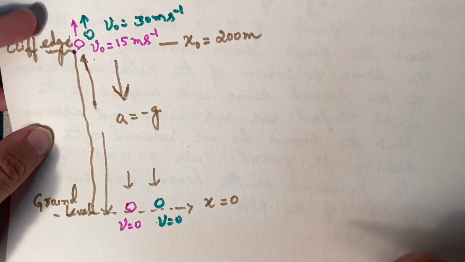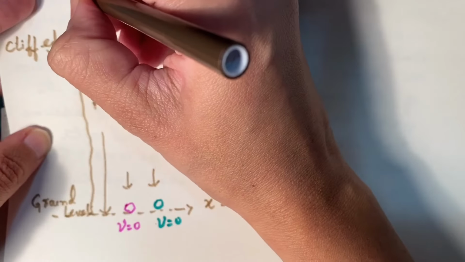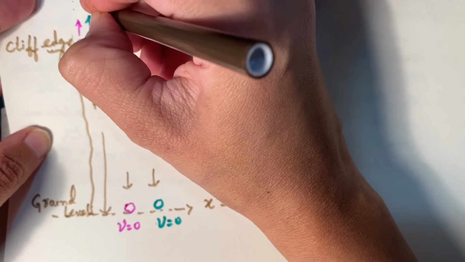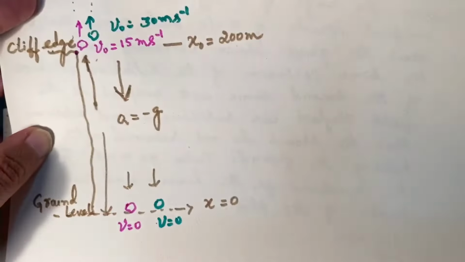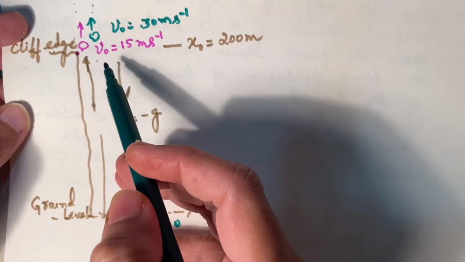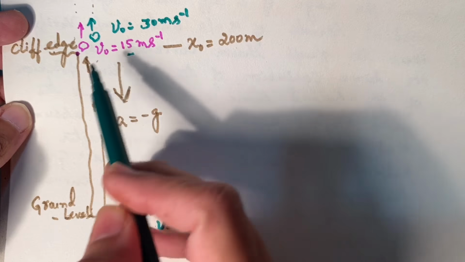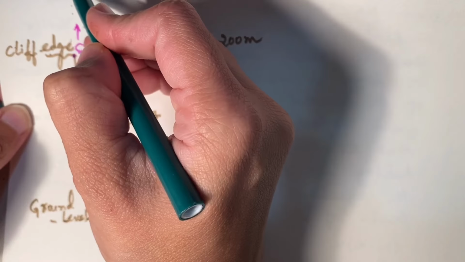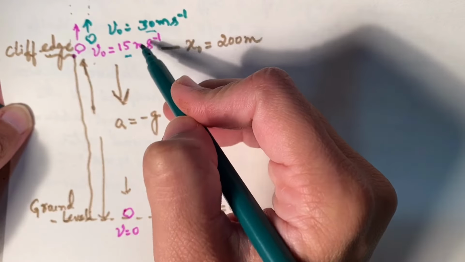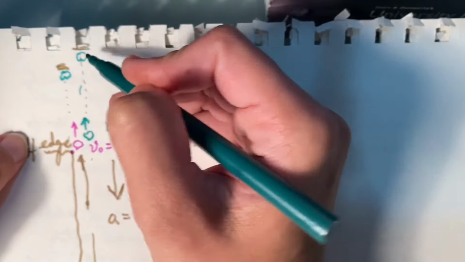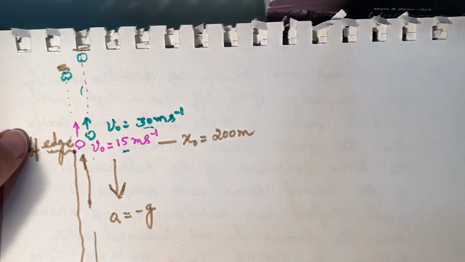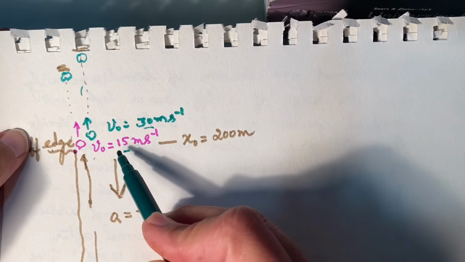Let's say this is the maximum height reached by the different stones. Very obviously, stone 1 was projected at 15 meter per second, so it would reach a certain height. Stone 2 was projected with a higher speed, so it would obviously go to a greater height because it was thrown with double the speed of the first one.